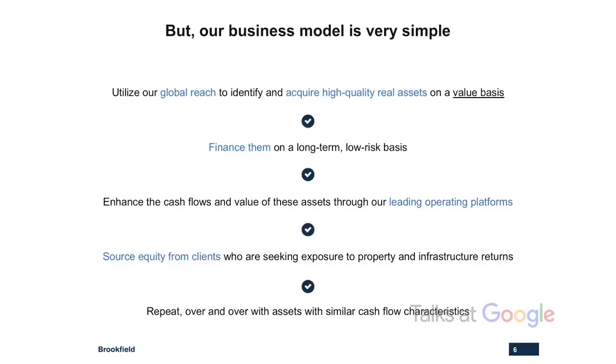But the business model of our company, and what we've tried to do with the business, is try to make it very simple. And it really just boils down to 5 things. We try to use the global reach we have to acquire real assets on a value basis.